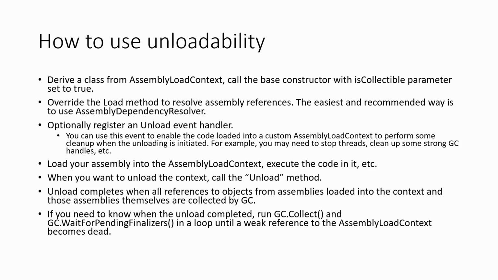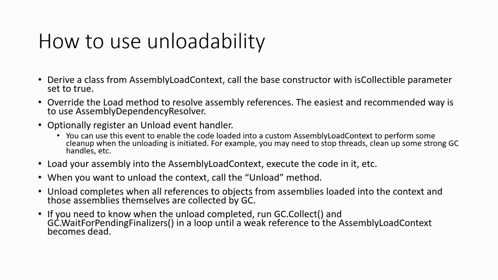If you want to know for sure that at some point the context was unloaded, or figure out the problem with unloading, after initializing the unload you can run a loop where you call GC collect and GC wait for pending finalizers, and check a weak reference to the assembly load context to see when it becomes null.